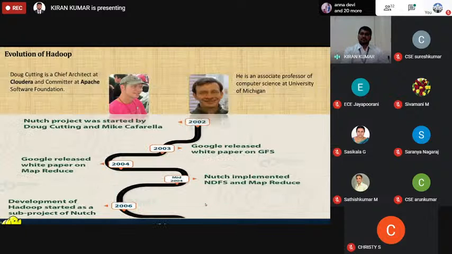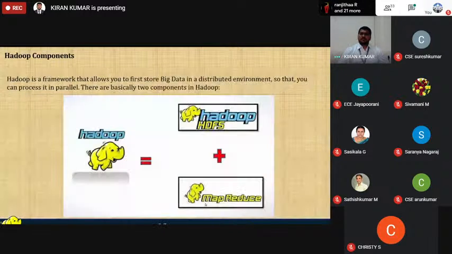So this is the journey of these two legends, and currently they are in different roles. But the invention started in the year 2002, and the stable versions 1, 2 and 3 were released. And now the world is using the Hadoop framework to capture and process big data.